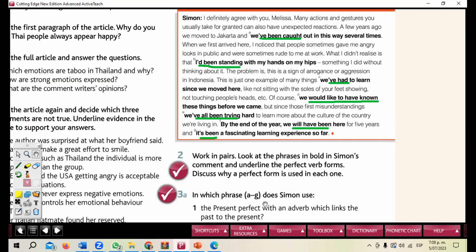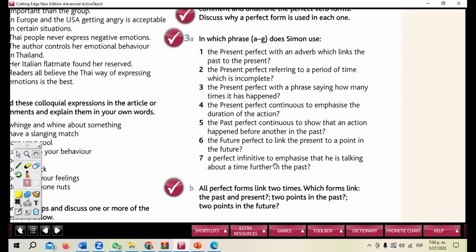So that is what you mean by perfect infinitive that emphasizes a time further in the past, un tiempo en el pasado, okay? En el pasado más lejano, okay? A time further in the past. Okay, let's take one more minute and then we will check together.